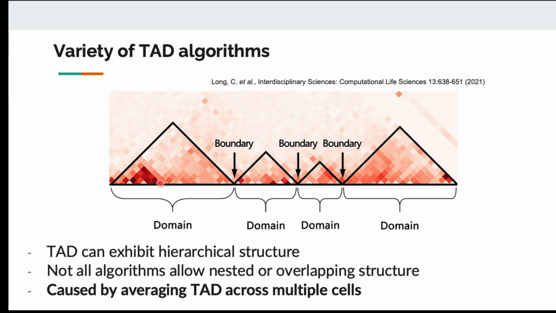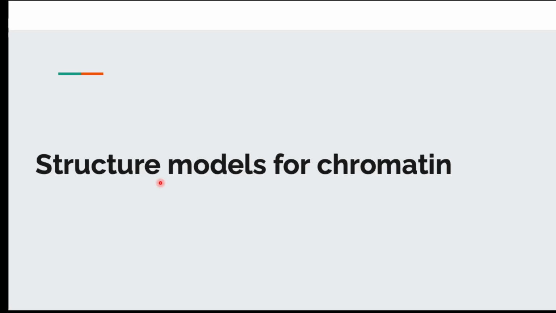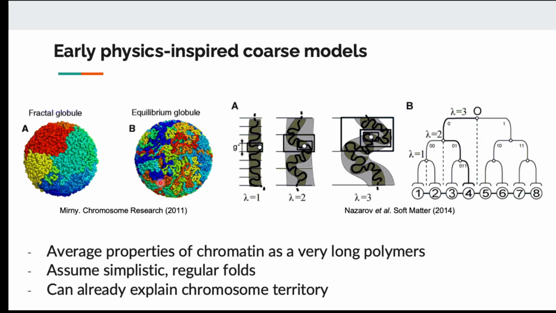This module is about 3D structure, so we need to think about, can we see chromosomes or DNA in 3D? And it is indeed possible, but there are many limitations. So let's start from early on, like 10 years ago, 15 years ago, when people tried to understand, do chromosomes fold randomly or do they fold with some organization?